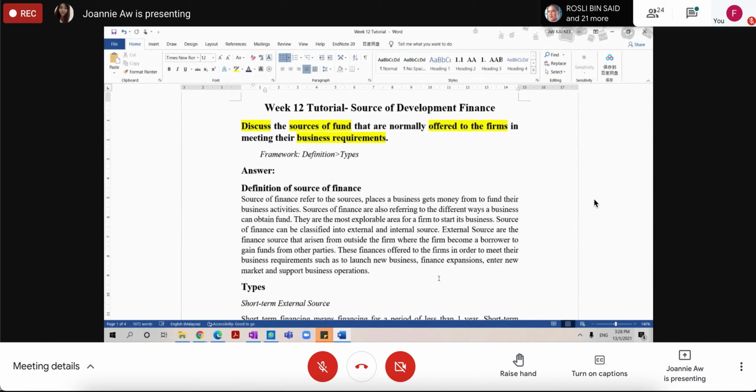The answer seems okay, but do you think it needs to be restructured to fulfill what the question asks, or just cut and paste? Maybe need to explain a bit more on how trade credit can meet the business requirement. That's what I want to hear. How do you want to re-justify the answer?